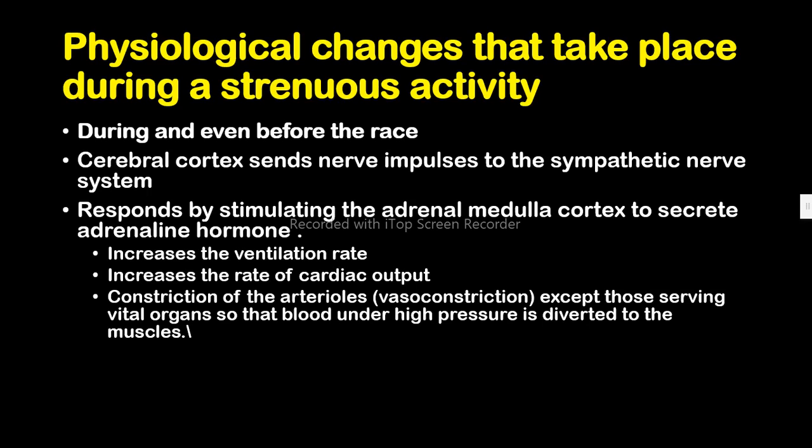So you constrict blood vessels that supply blood to non-vital organs, and then you dilate blood vessels that supply blood to vital organs in this case: the skeletal muscles, the heart, the brain, the liver, because you have to respire, break down glycogen, transport, so that you avail enough oxygen and enough nutrients, the rate of respiration increases, and you produce enough energy.